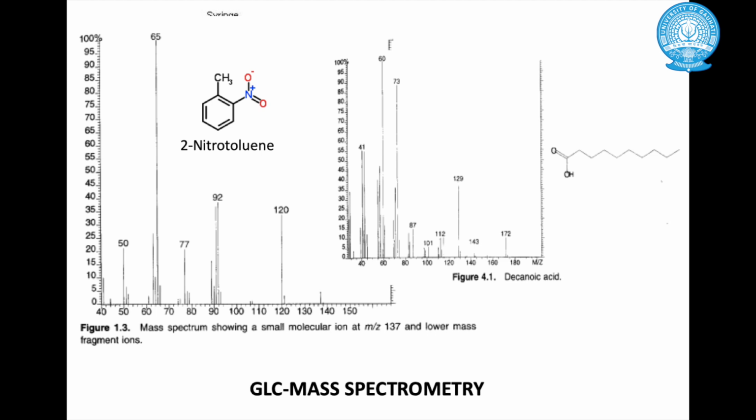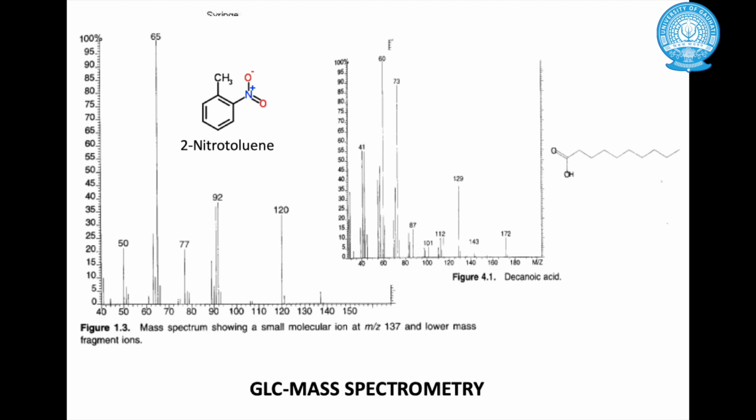This ion trap mass analyzer has alternating current, and because of that the ion gets directed to this electron multiplier. Actually, in this ion trap mass analyzer, the ions are separated.